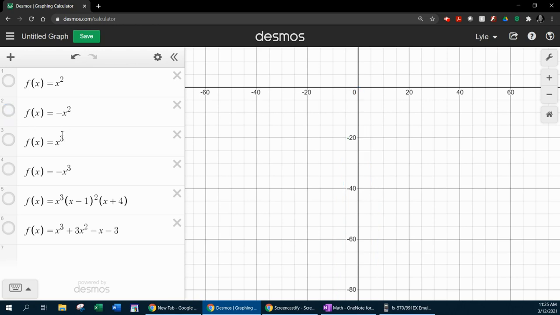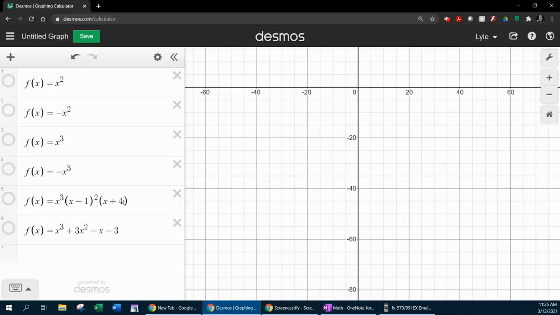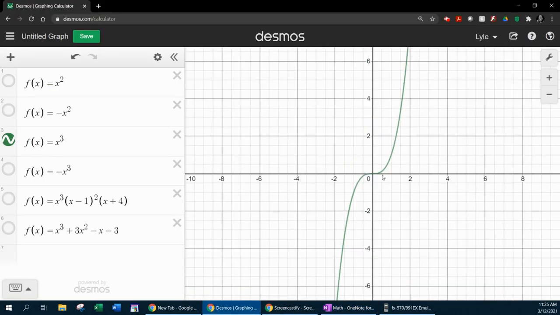And so next we're going to look at an odd degree with a positive lead term. Odd degree, positive lead term, should rise right and fall left. So if I turn that on and recenter my graph, you're going to see that this graph rises right and falls left.